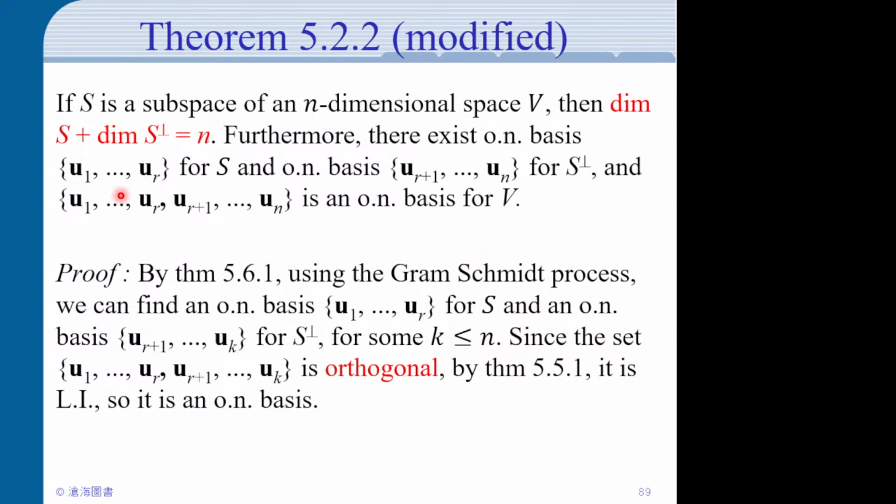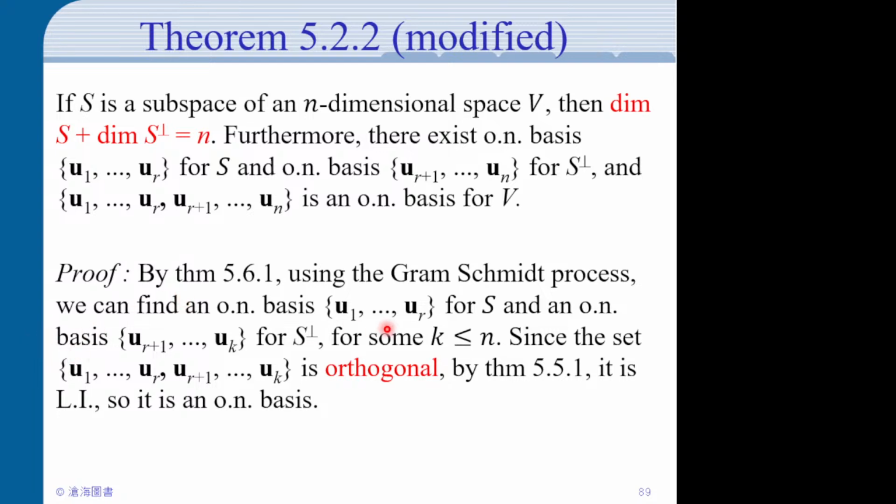First we can find an orthonormal basis for S and an orthonormal basis for S perpendicular, and that's just because the Gram-Schmidt process exists. Because this process exists, you can find a basis for S and turn it into an orthogonal basis. And similarly, you can find a basis for S perpendicular and turn it into an orthogonal basis. So you get an orthogonal basis here and an orthogonal basis here.